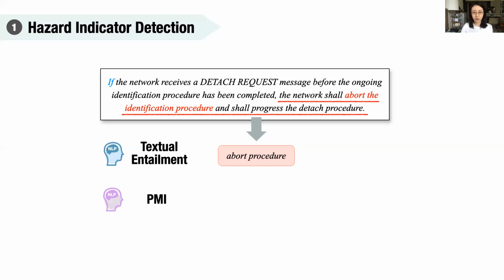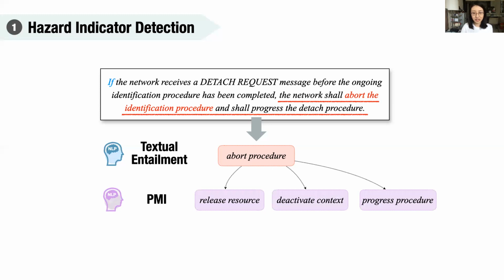From the seed abort procedure, our approach extended several new risky operation descriptions, such as release resource, deactivate context, and progress procedure. Here, progress procedure is interesting because it is opposite to abort procedure in semantics, but it does implicitly imply that when someone progresses a new procedure, he may stop an old procedure.